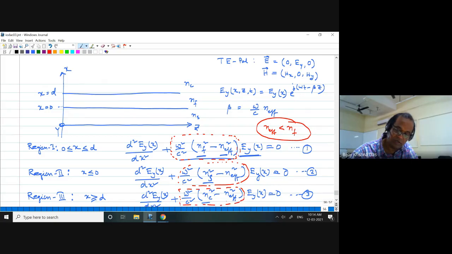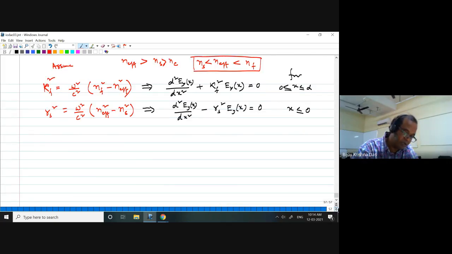This is also, as N effective is larger than NS, it should be larger than NC always. So that means this is also becoming negative. So we can define one more positive number that can be written as gamma c square. So gamma c square equal to omega square by c square times N effective square minus N c square. Okay. So this is a positive value.